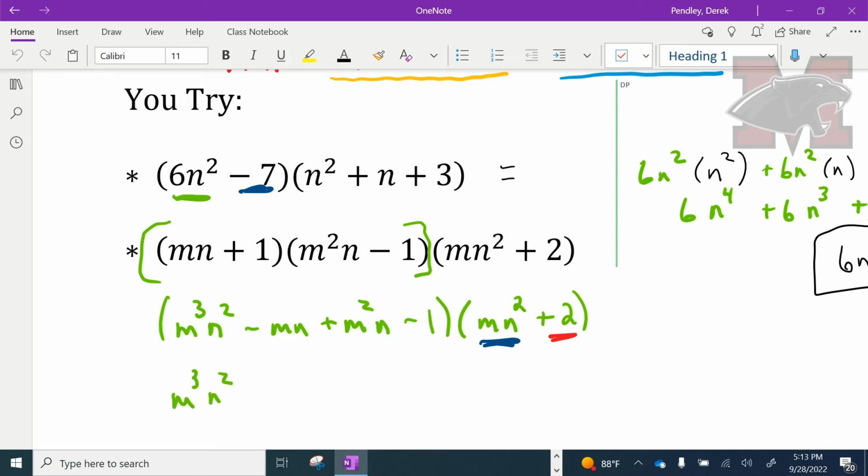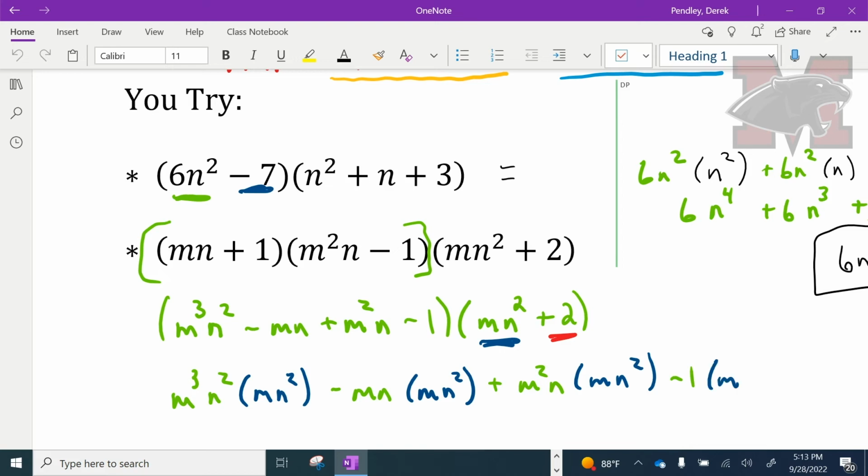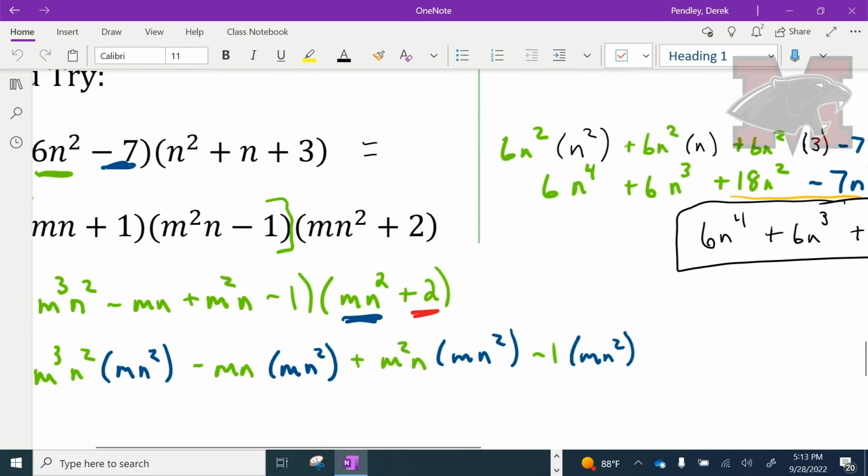And then I have the negative mn multiplied by the mn squared. And then I have the m squared n multiplied by the mn squared. And then I have the negative 1 multiplied by the mn squared. Okay? So you just take one term at a time. Don't get overwhelmed. Just take one term at a time and keep going.